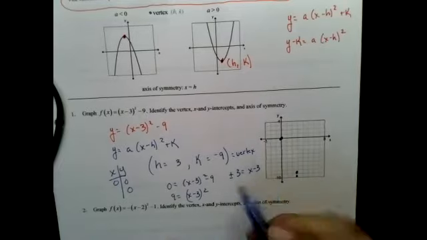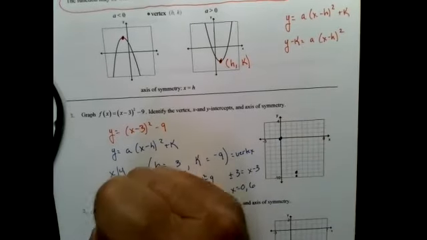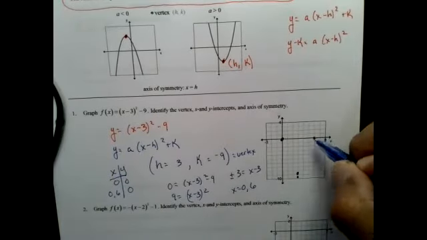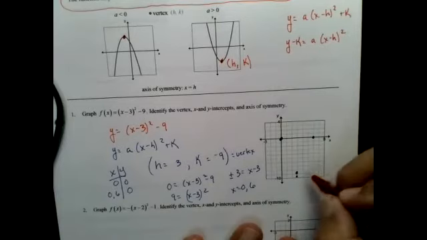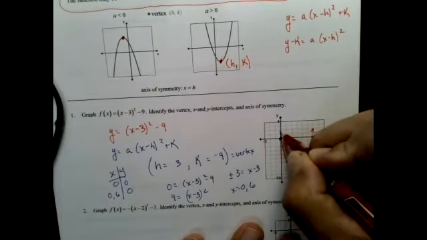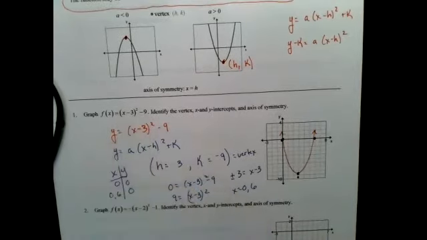And when I add 3, I'm going to get x equals 0 and x equals 6. So yeah, there's that point again, (0, 0), and here's the point (6, 0). And when I graph it, I got a lot of information out of just looking at this guy in vertex form.